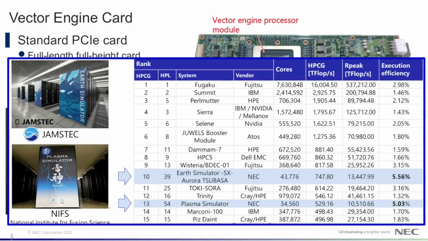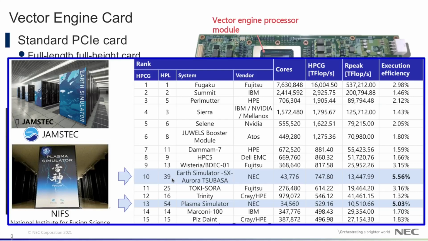Here's a list extracted from last year's top 500 rankings for HPCG, the sparse matrix inversion benchmark, which is sensitive to memory bandwidth, and HPL, high performance LinPack, which inverts a huge dense matrix.